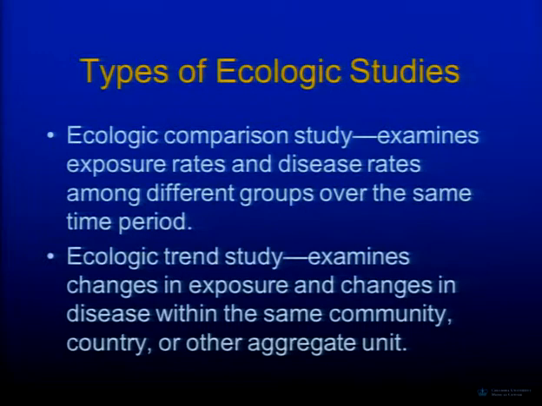Or we could look within the United States and say we've had a drop in the intake of red meat. So let's look over time. If we look from 1970 to 2013, what has happened within the United States? As the meat consumption goes down, have cancer rates gone down? So those are the two different ways that you could do it.